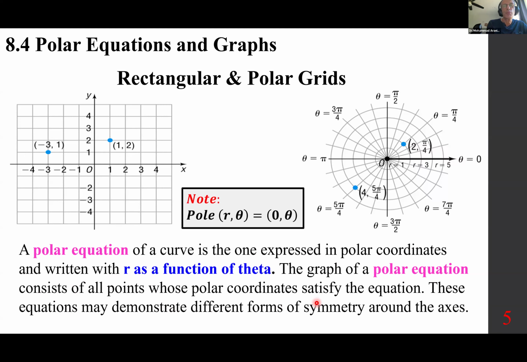Also, the pole has coordinates r comma theta, and if r is 0, so the distance is 0, theta can be any number. That's pretty straightforward, everybody.